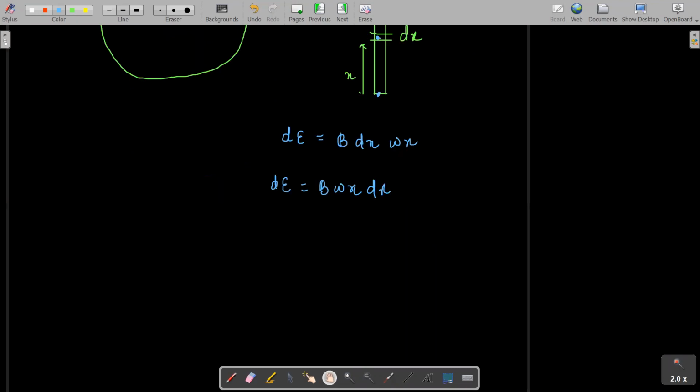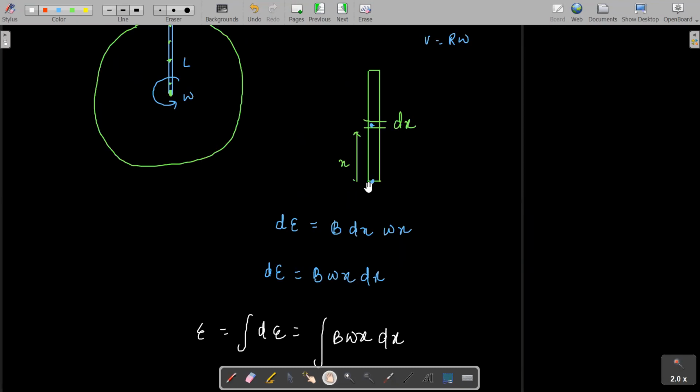Now, if we have to calculate the complete EMF induced, what will you do? We'll integrate this dE. So the EMF induced E will be the integration of dE, which is the integration of B omega x dx. This will be the whole EMF induced in the rod. What should be the limit of x?